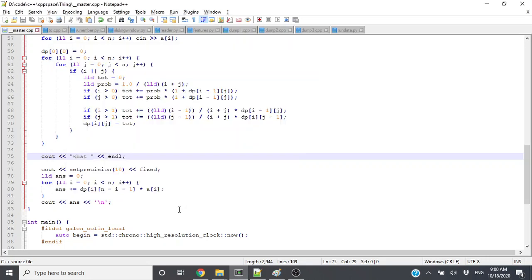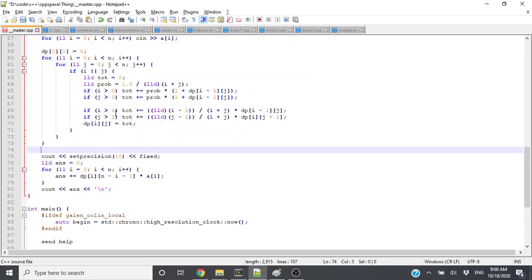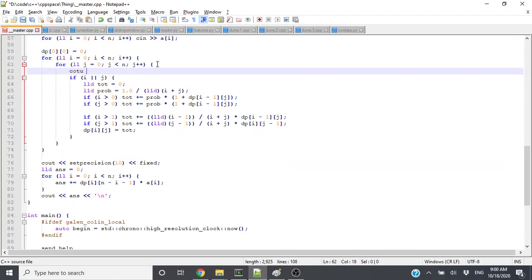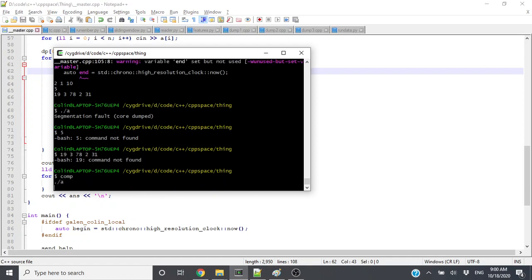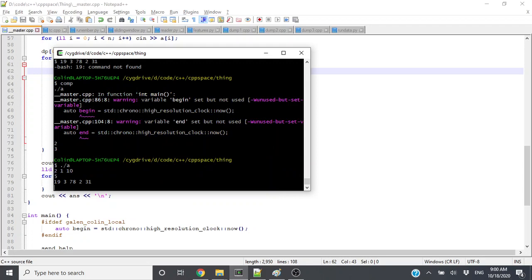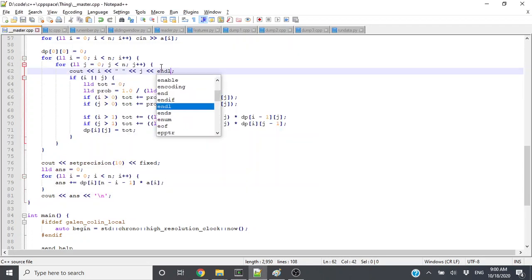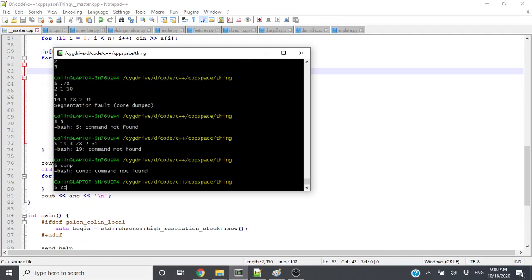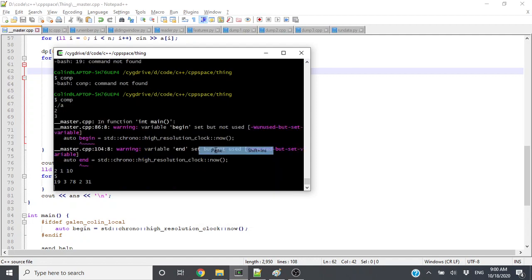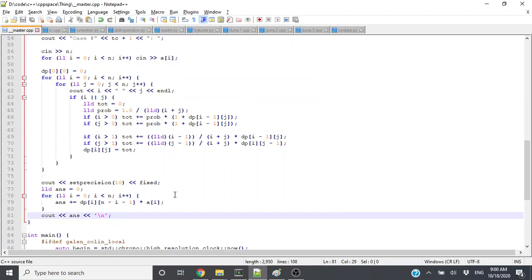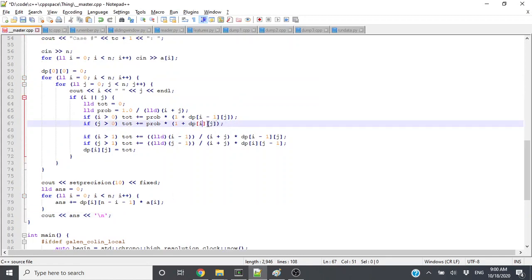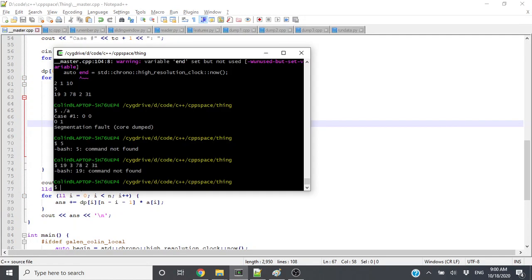Okay, where do we get to in the DP loop? Oh, we need to end it. Why do we die here? i is greater than 0. Oh, whoops. Copy paste there is stupid.